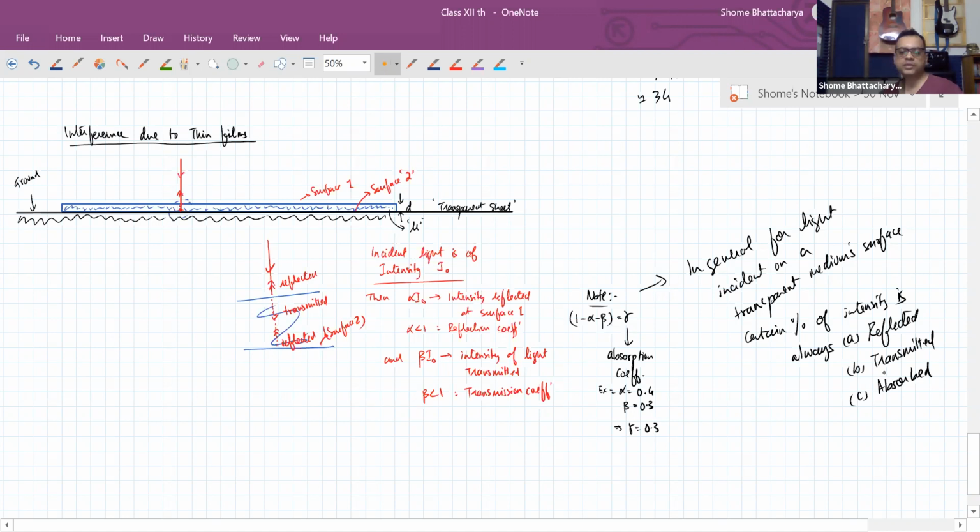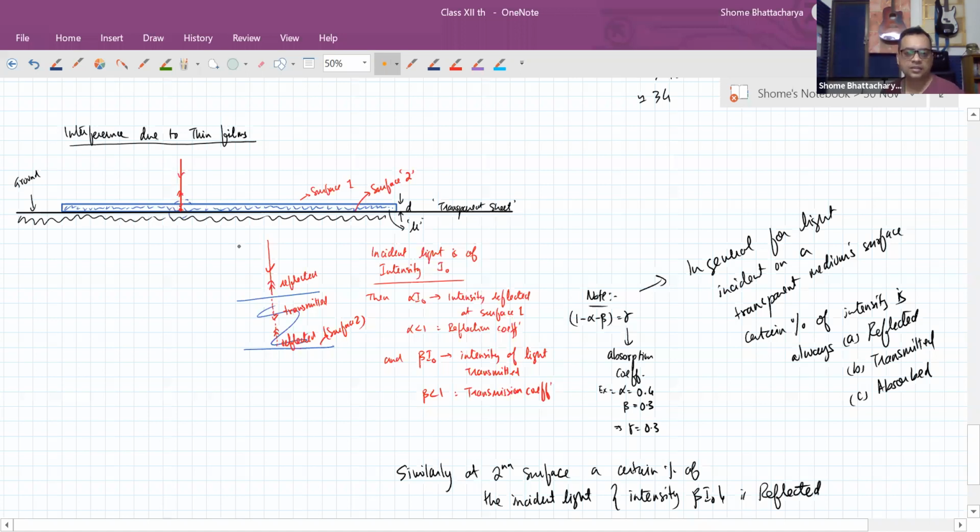And the sum of these three must be equal to 100%. Okay. So now similarly at the second surface also, a certain percentage of the incident light, that is of intensity beta I naught, because that's the transmission coefficient, okay, is reflected.